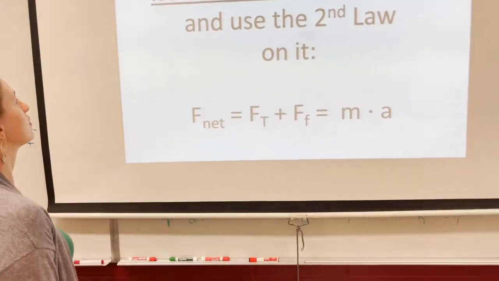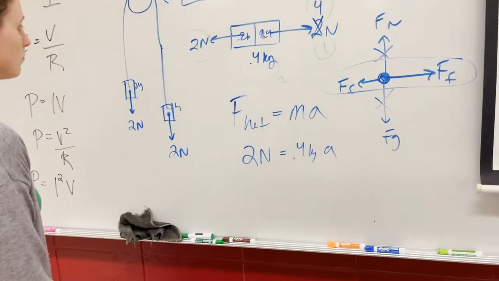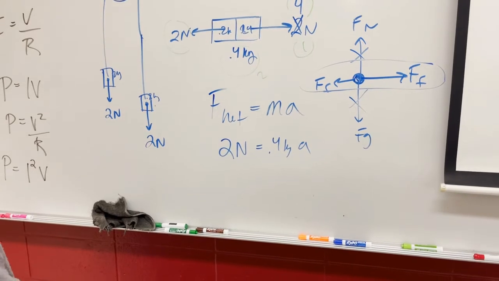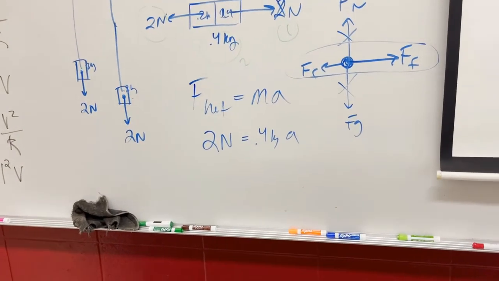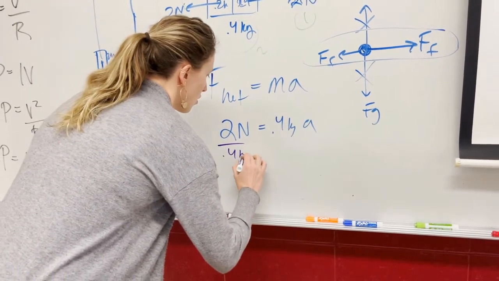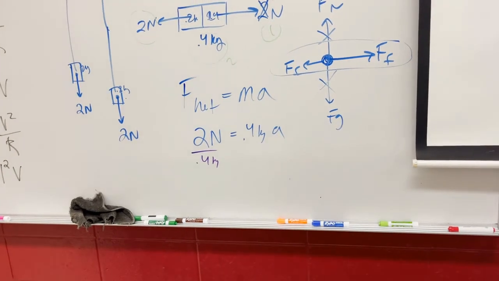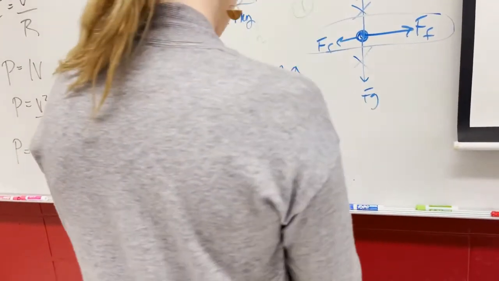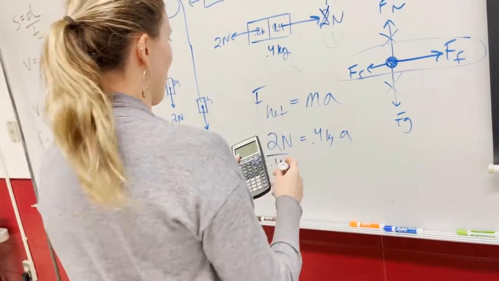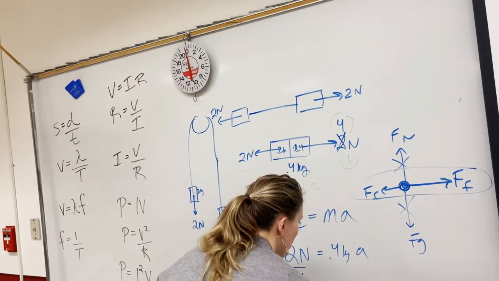Let's say with this one we've got 2 newtons and 0.4 kilograms. To find the acceleration, that's 2 divided by 0.4, which is 5. So the acceleration is 5 meters per second squared.